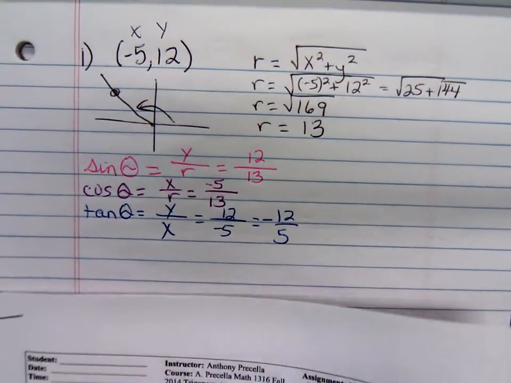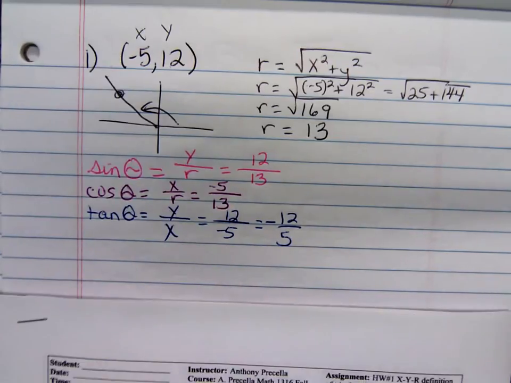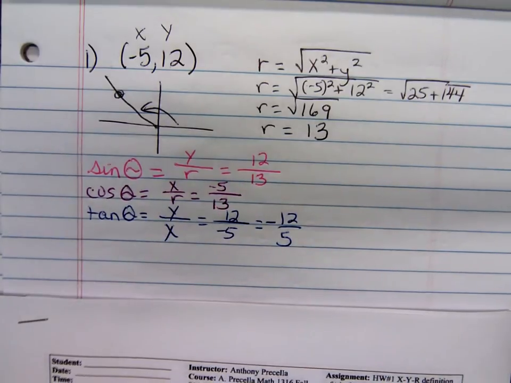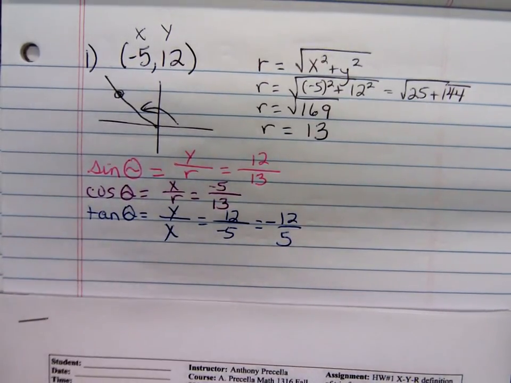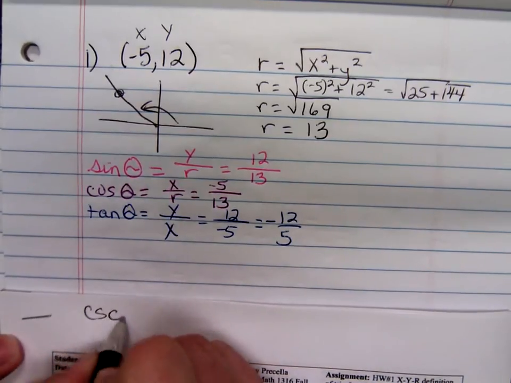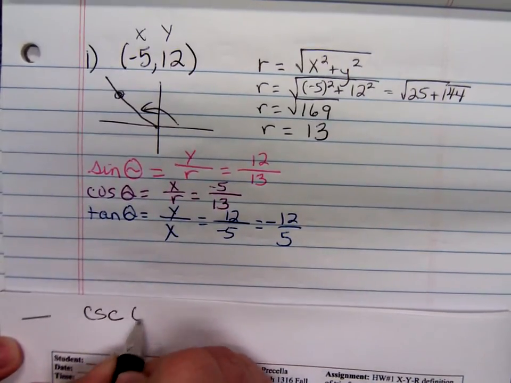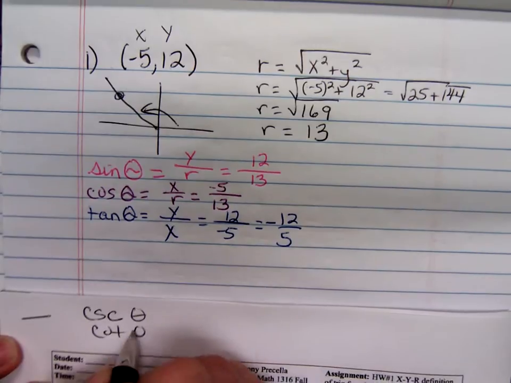Now the other three functions are the reciprocal functions. And it's going to be important that you remember which one's the reciprocal of which. The three names of the reciprocals are cosecant, cotangent, and secant.